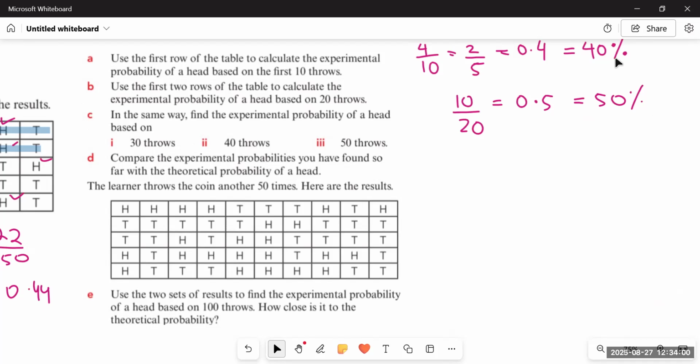The theoretical probability is basically the actual probability: every single time I throw the coin, what would be the probability of head and what would be the probability of tail. It is based on the number of outcomes. Every single time the coin has two outcomes, head and tail.